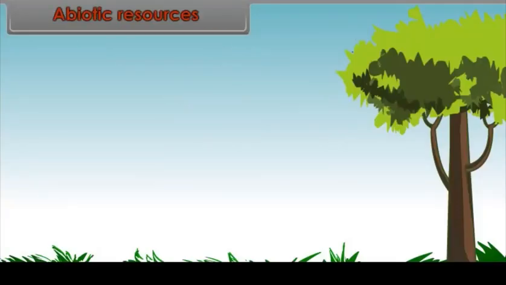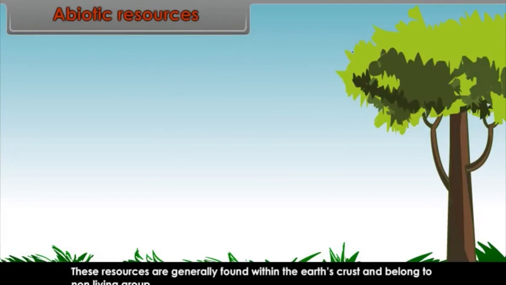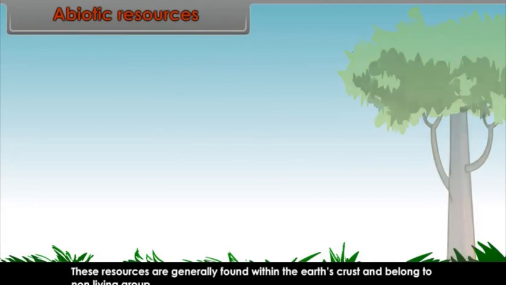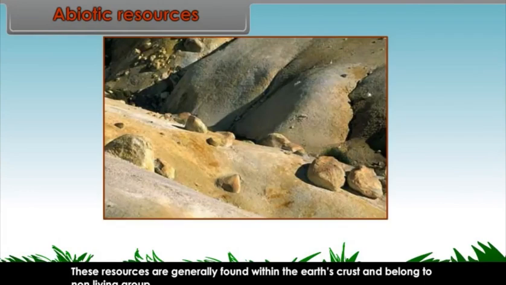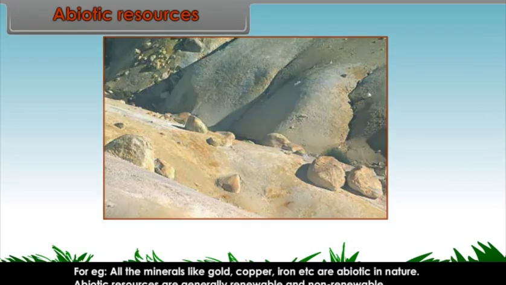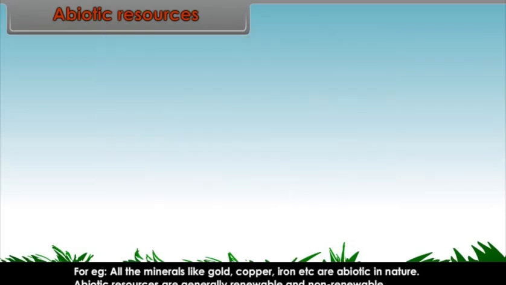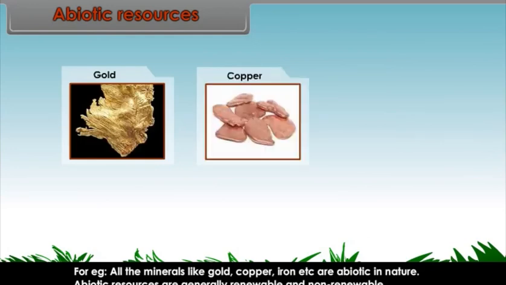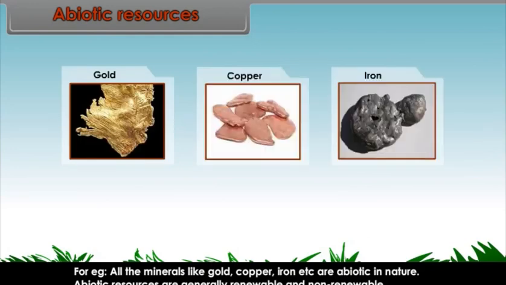Abiotic resources. These resources are generally found within the Earth's crust and belong to the non-living group. For example, all the minerals like gold, copper, iron, etc. are abiotic in nature. Abiotic resources are generally renewable and non-renewable.